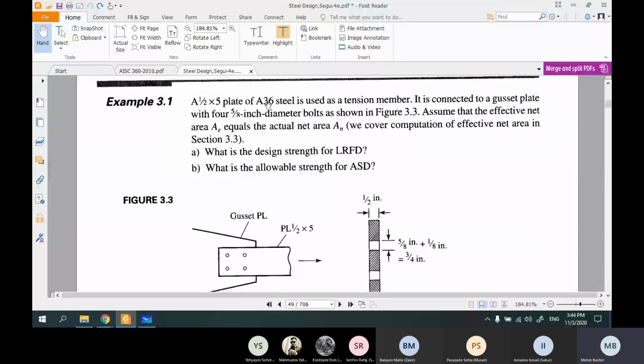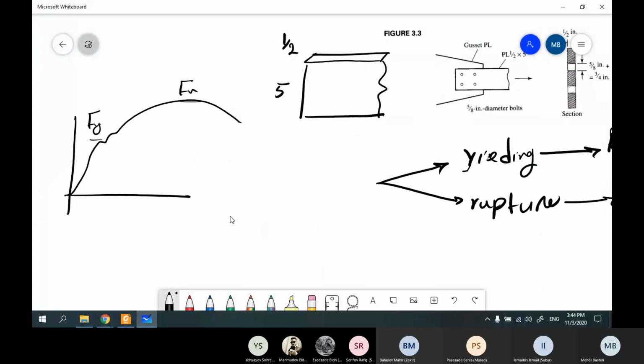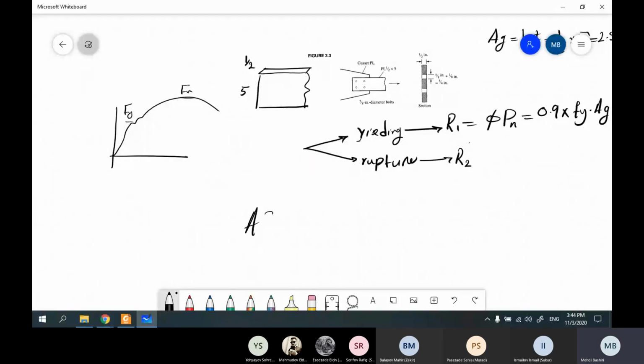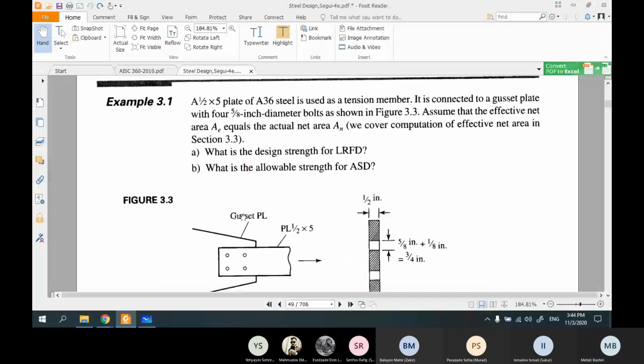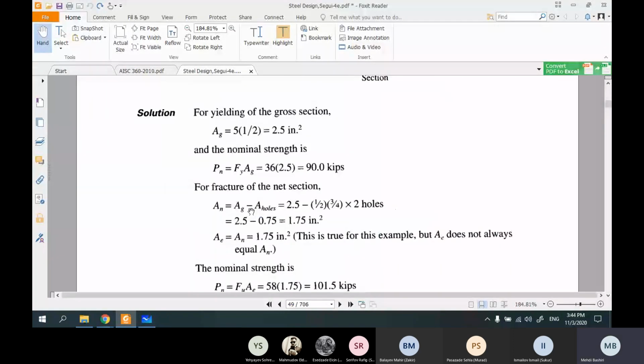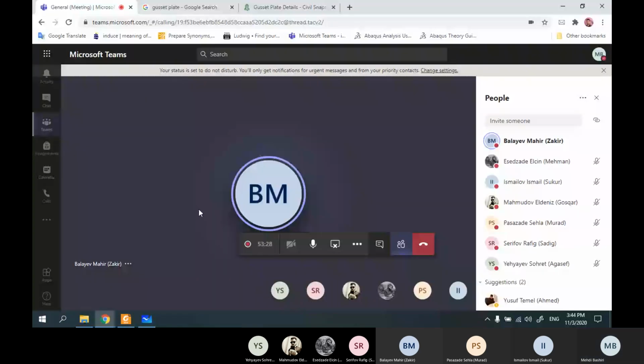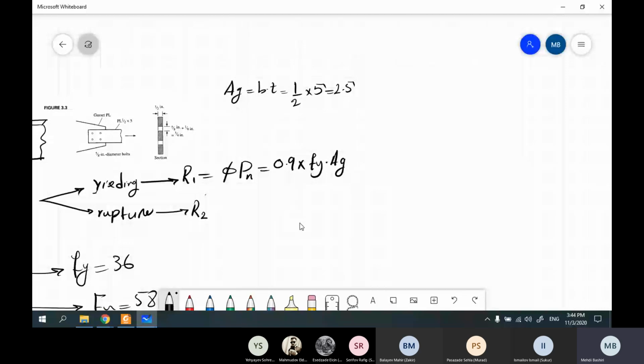Please memorize it. In A36, Fy is 36 and Fu is 58. Understood? Yes. Okay, everything is clear now.